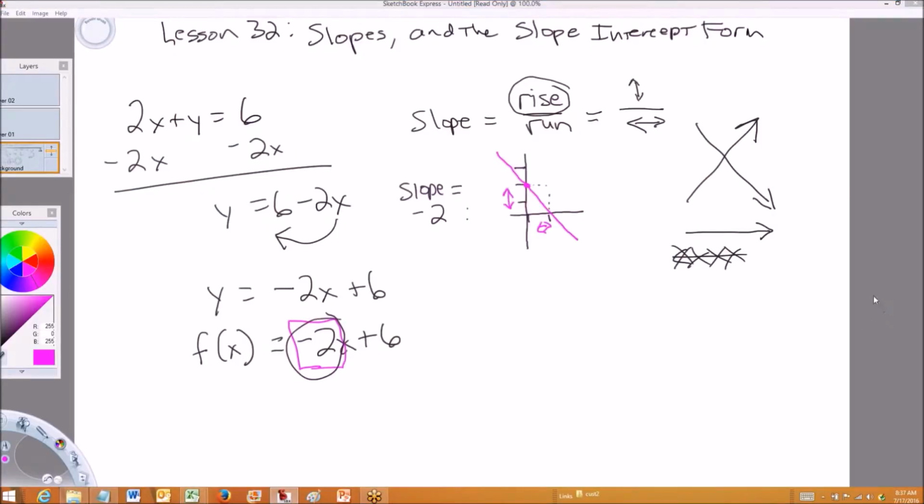Let's go ahead and graph this equation, this function, just to see what I'm talking about here.